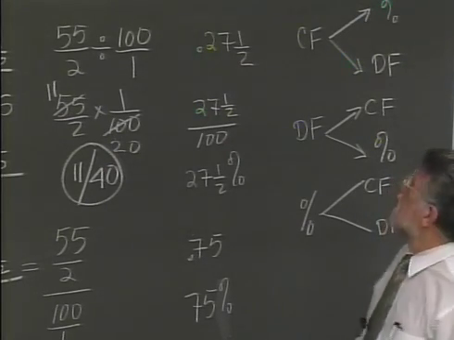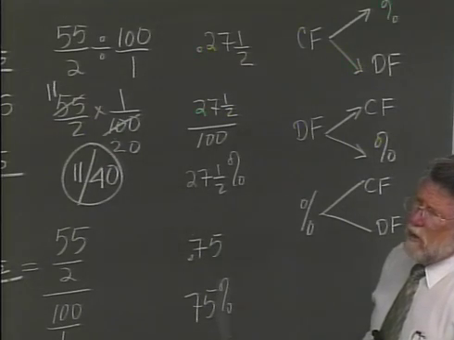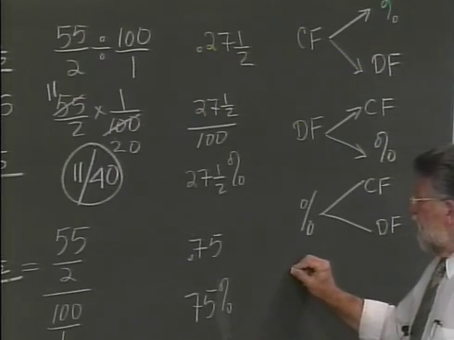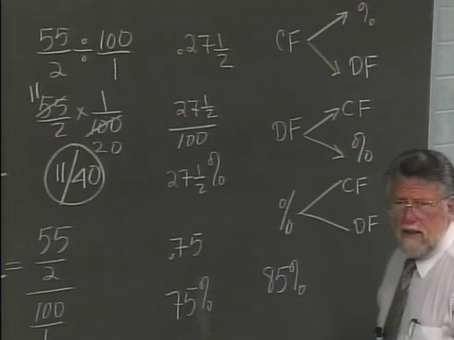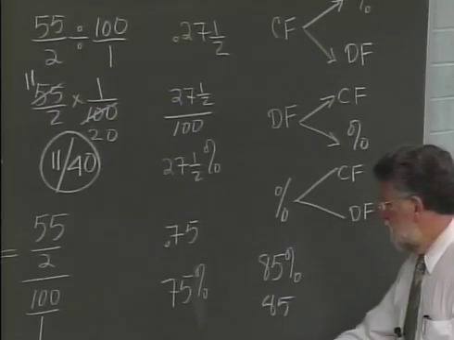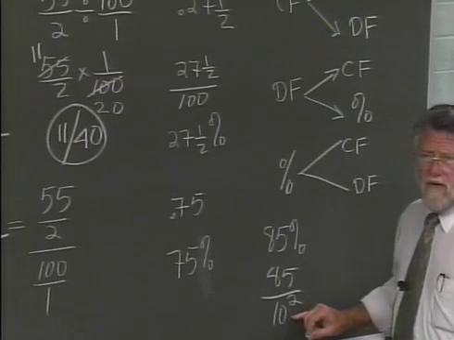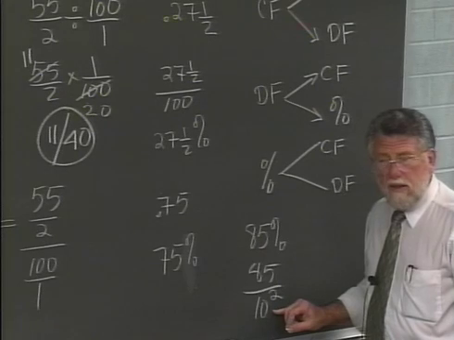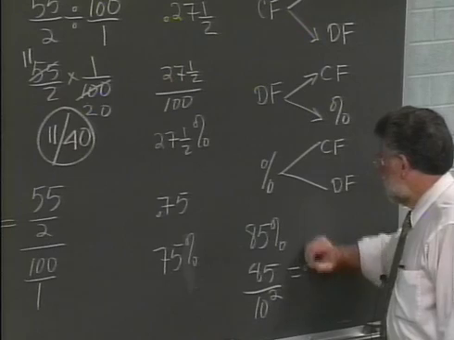Now let's compare that. Let's say, just as an illustration, that I have 85%, but that means the same as what? 85 over 100, which is 10 to the second. And what happens when I divide by a power of 10? Move the decimal to the left 2 places. So that becomes 0.85.